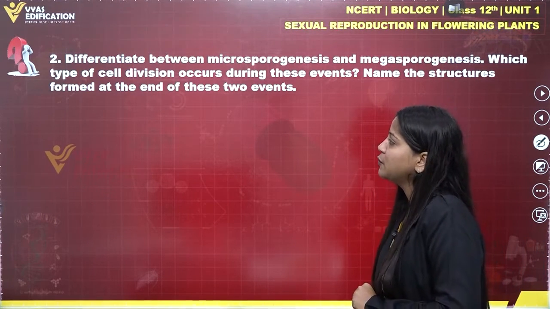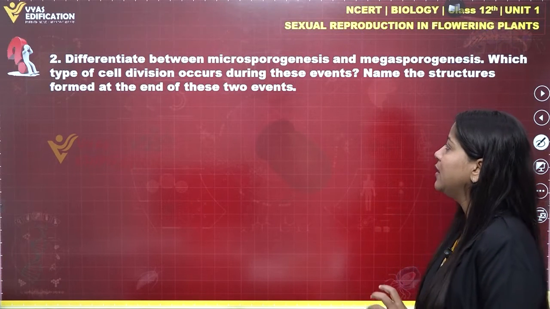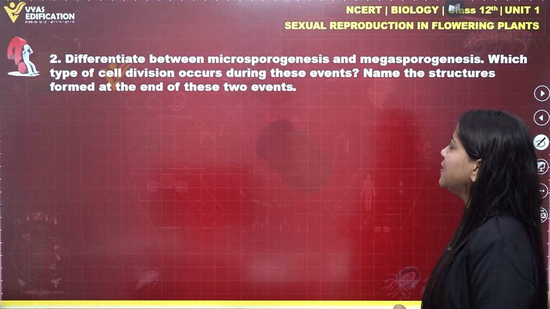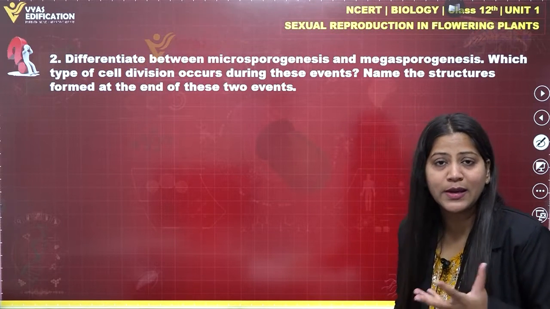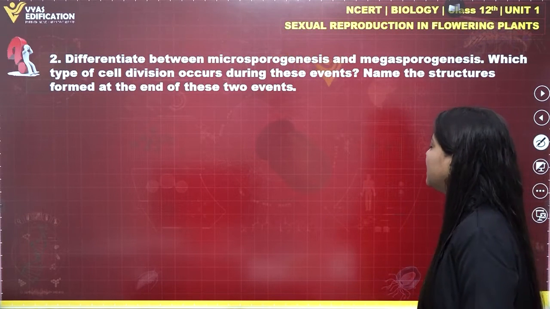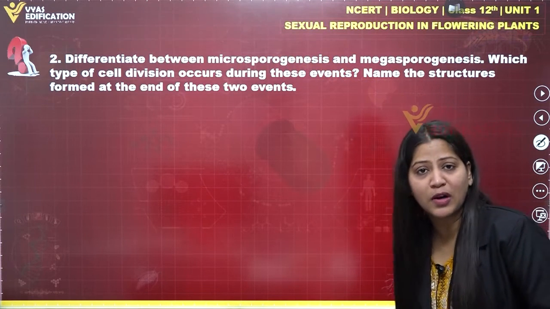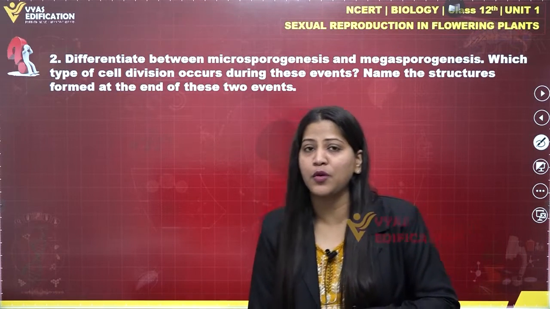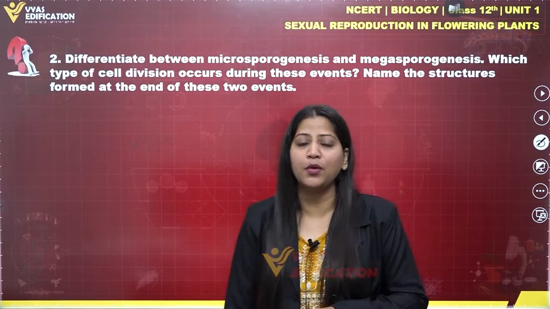The first part is to differentiate between microsporogenesis and megasporogenesis. The second part is what type of cell division occurs during these two events. And the third part is what are the structures formed at the end of these two events.